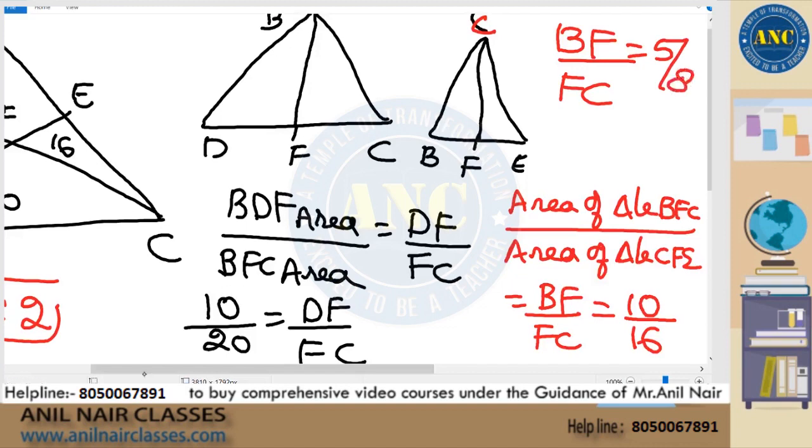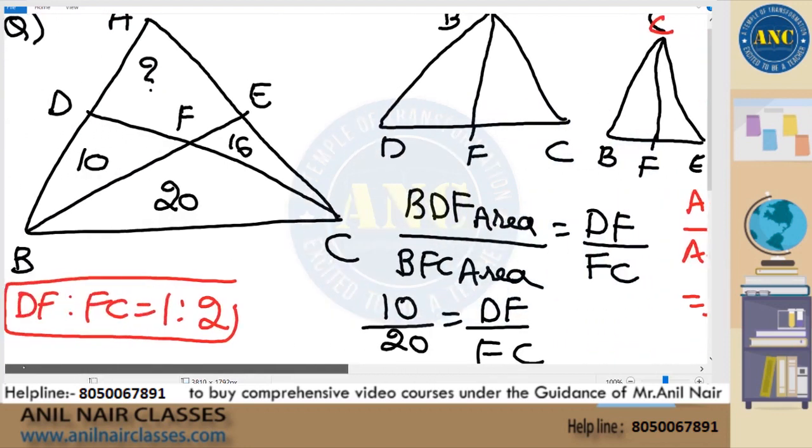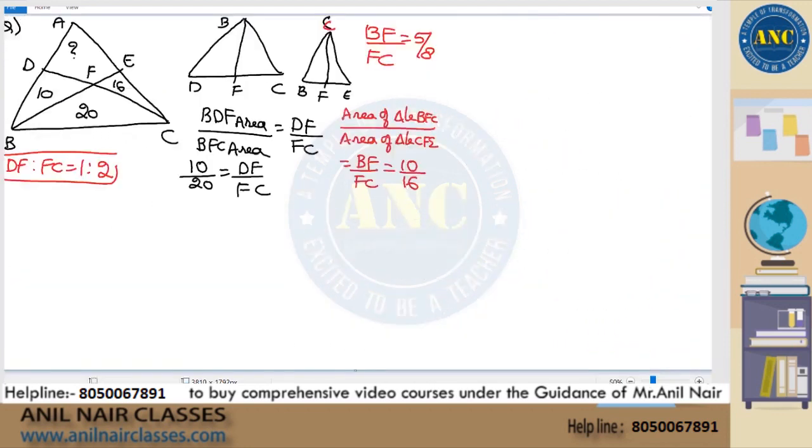I hope it is clear, right, sir? Because both of them have the same area. If I draw a parallel and drop a perpendicular, both of them will have the same area. So the area of BDF by the area of BFC is nothing but DF by FC.